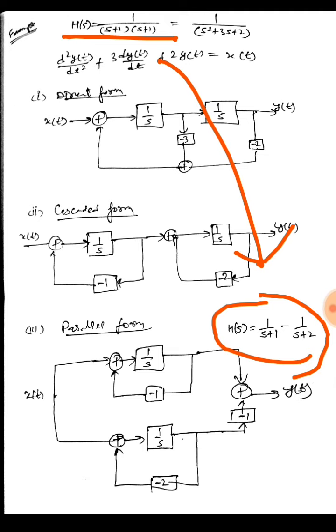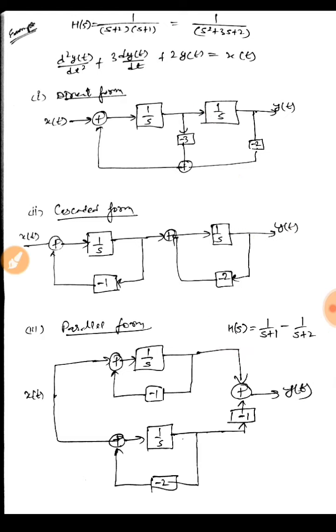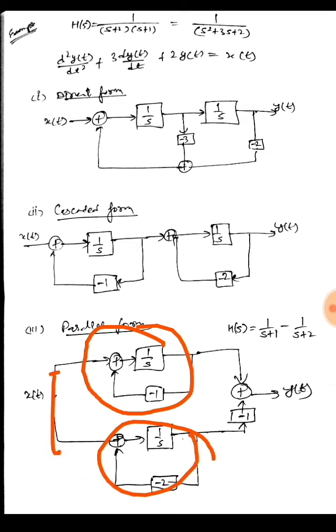Now this is a combination of two transfer functions, so I will take the first system here, which is a first order system, and the second here, and both are fed with the same signal x(t).